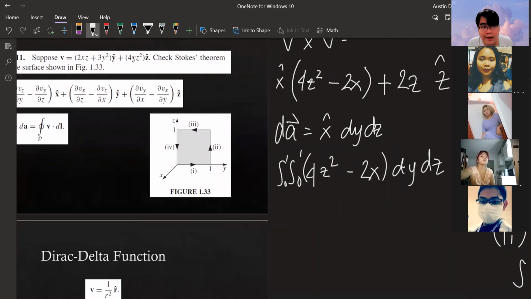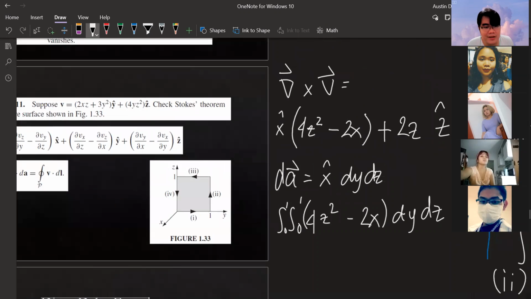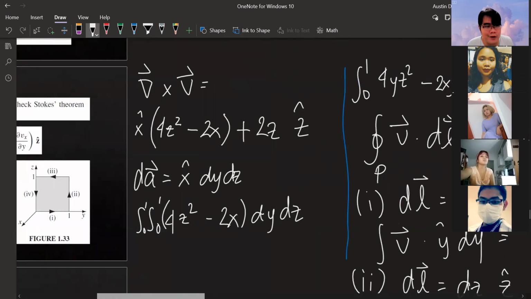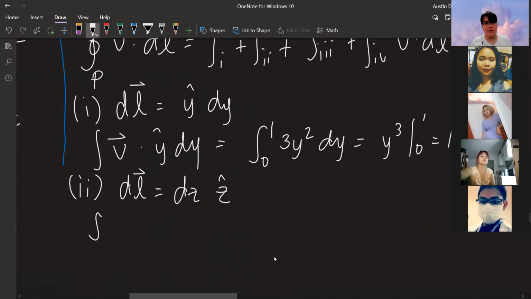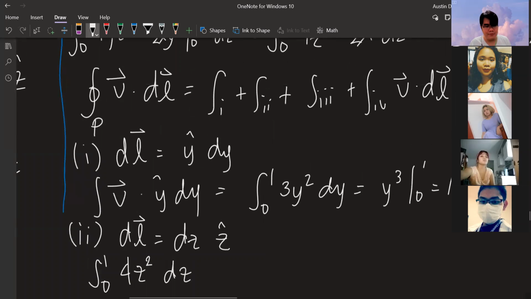Looking at y, our y is situated at 1, so I can plug in 1, and I'm left with 4z squared, times z hat dotted with z hat dz. So this is just that, and our bounds will be 0 to 1.